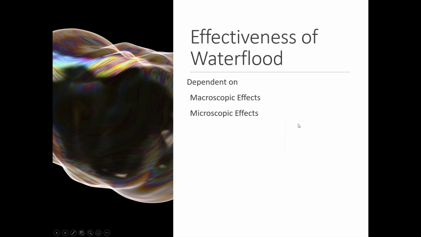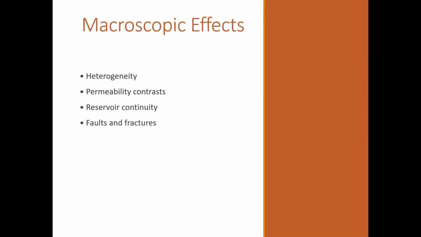Now coming to the effectiveness of water flood, I think there are two important things, the macroscopic effects and microscopic effects. I will be telling both in the subsequent slides. The macroscopic effects consider these four parameters: the heterogeneity, the permeability contrast, the continuity of the reservoir, and the faults and fractures.